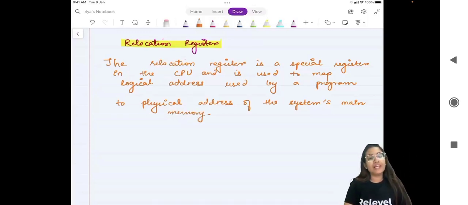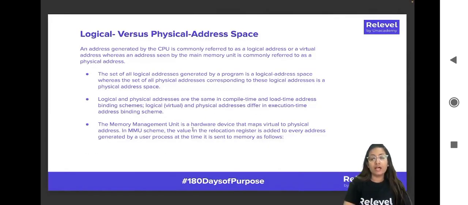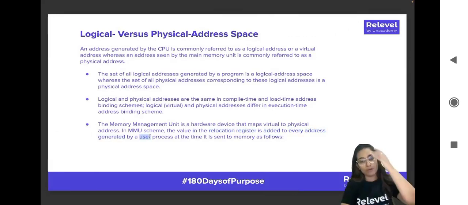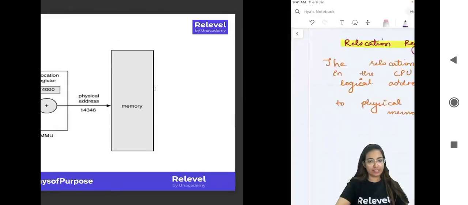The value in the relocation register is added to every address that is generated by the user process at the time it is sent to the physical memory. So that's the overall idea.